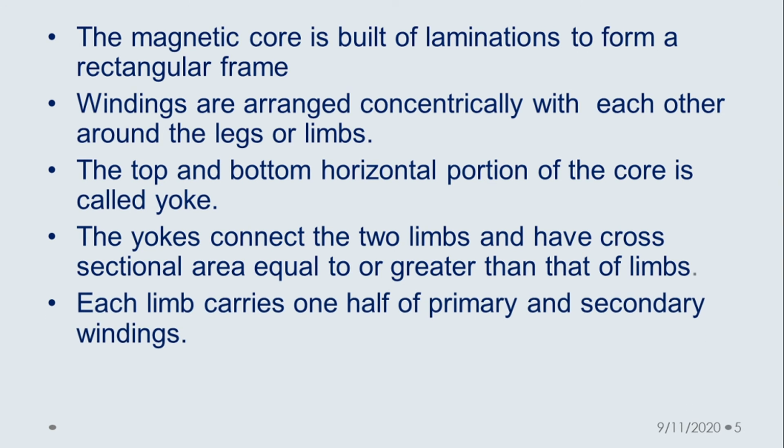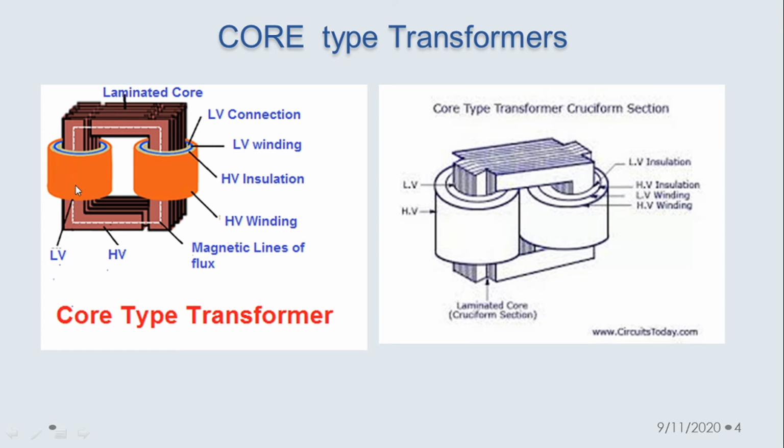Each limb carries one half of the primary and secondary winding. Half of the primary winding will be wound on one limb. If you see clearly, half LV winding and half HV winding is wound on one limb, and the remaining half LV winding and half HV winding is wound on the second limb.